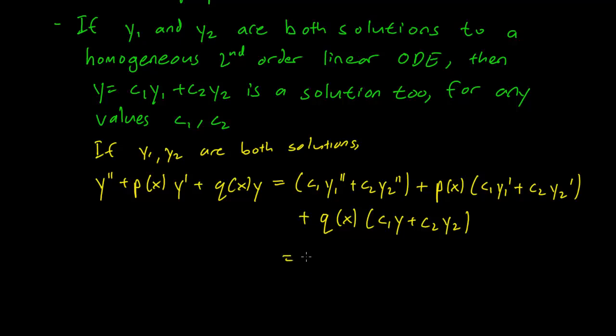And now we can separate this out into two different expressions, one that has c1s in it and the other that has c2s in it. So this becomes c1 y1 double prime plus c1 p(x) y1 prime plus c1 q(x) y1.